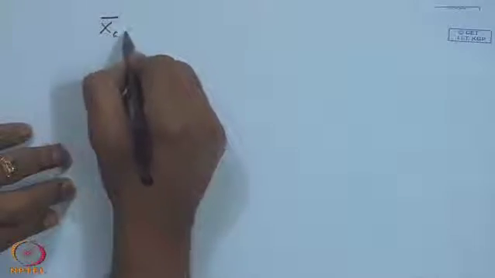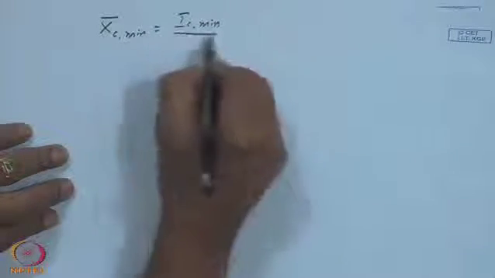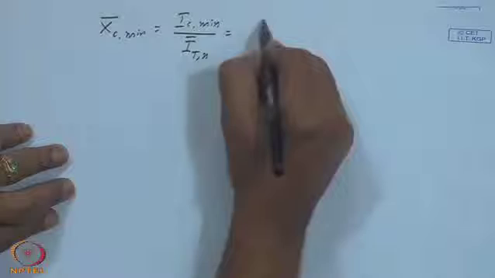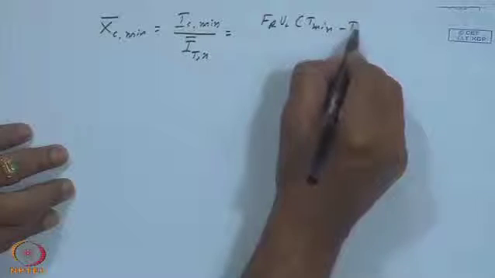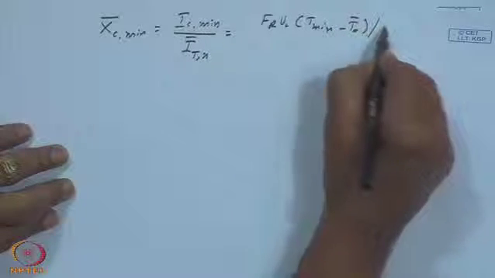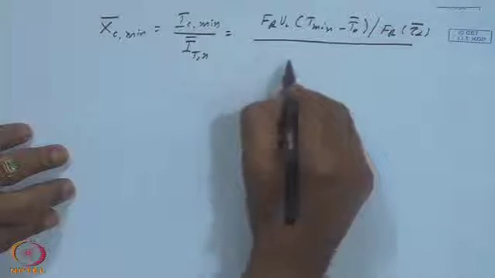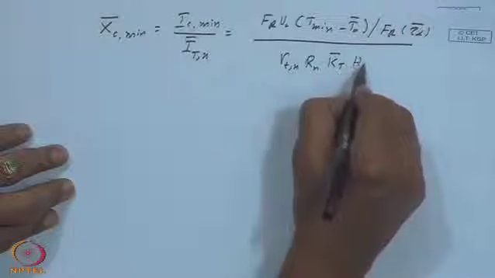Analogously, you can write Xc bar minimum, Ic min by It bar noon equal to Fr UL T min minus Ta bar by Fr tau alpha bar by RTn Rn Kt bar H0 bar.